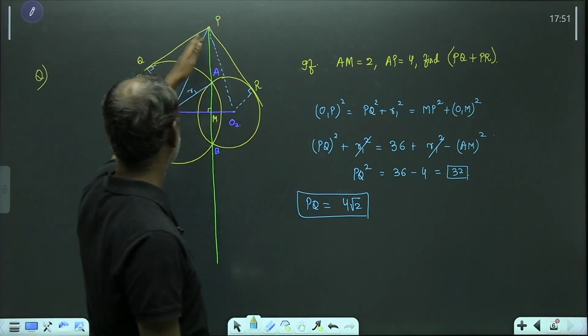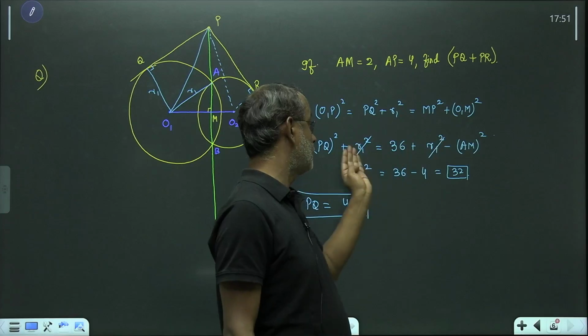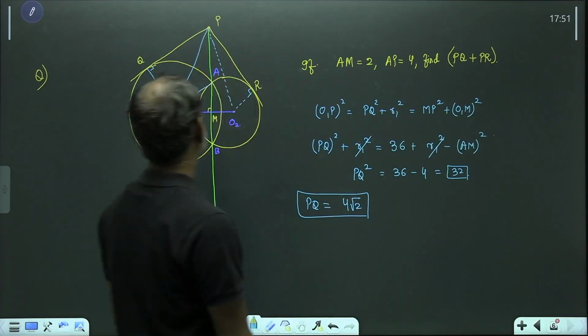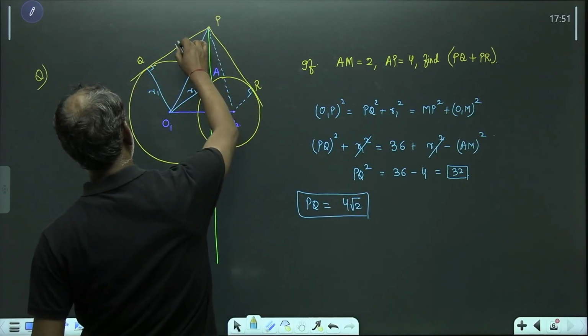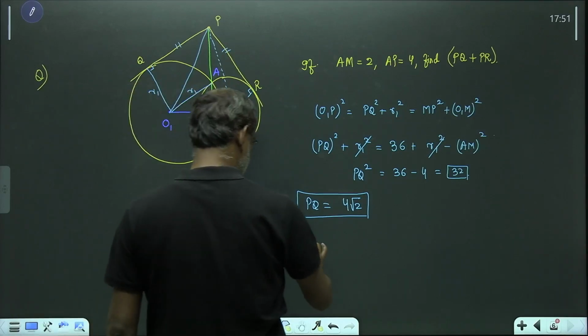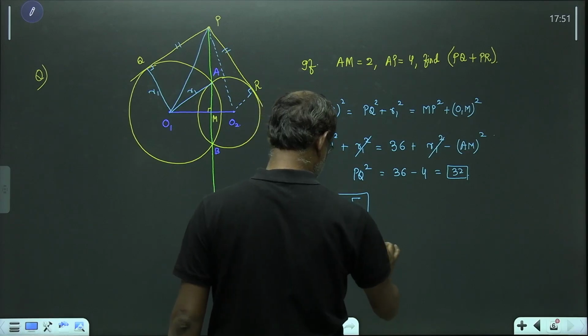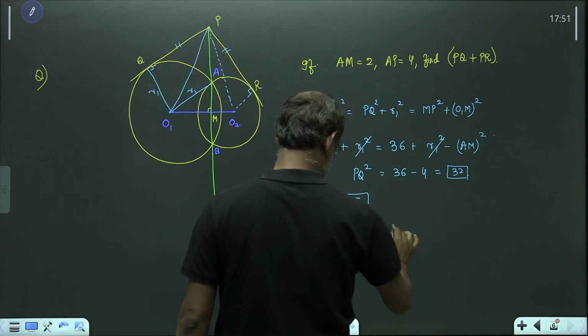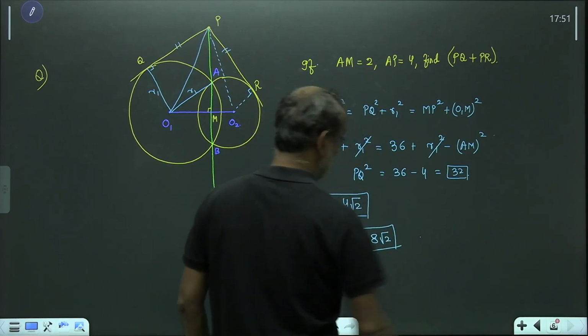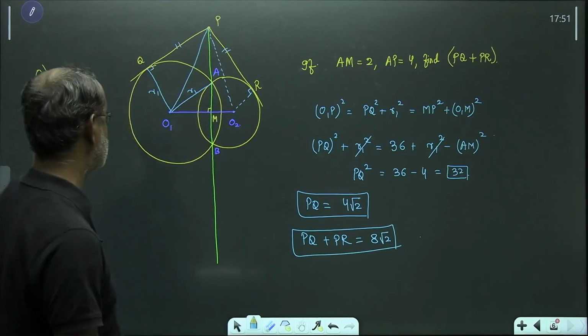It will be equal to MP square plus O2M square, which is MP square minus AM square plus R2 square. R2 square will get cancelled out. So, what we learn is PQ is equal to PR. So, PQ plus PR is 8 root 2. Fine. So, this is what we have.